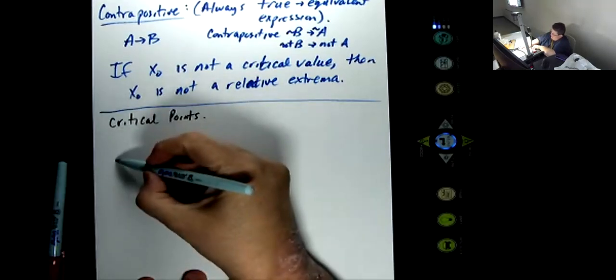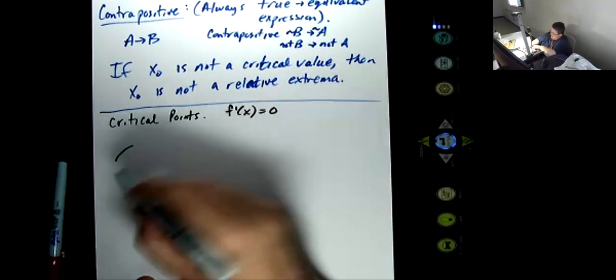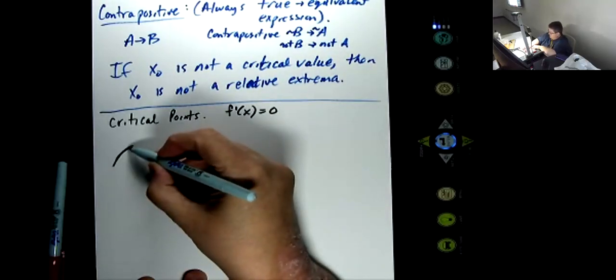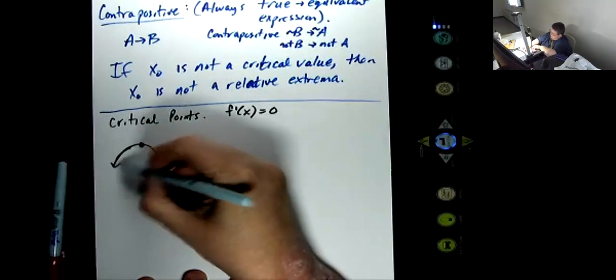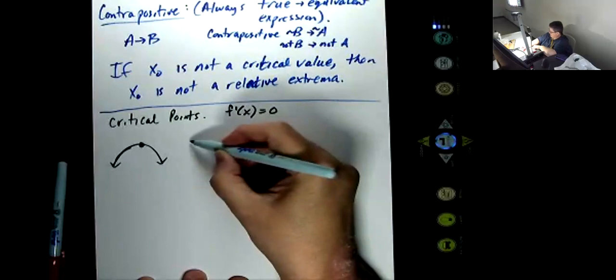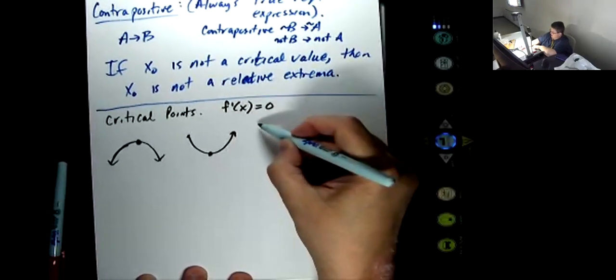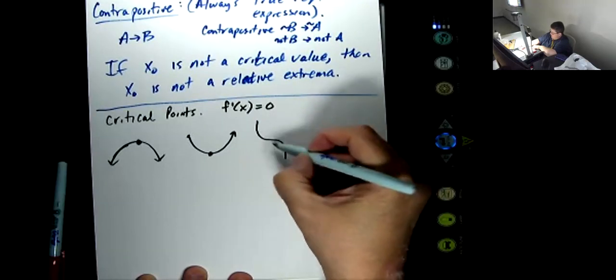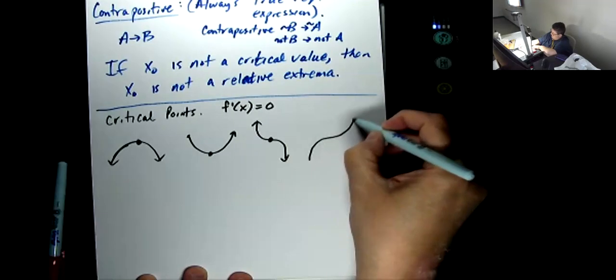These are all f prime of x equals 0 right now. I could have something like this, something like this, something like that, and something like that.